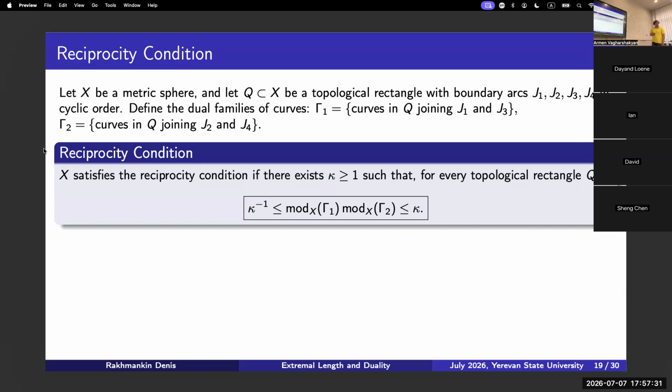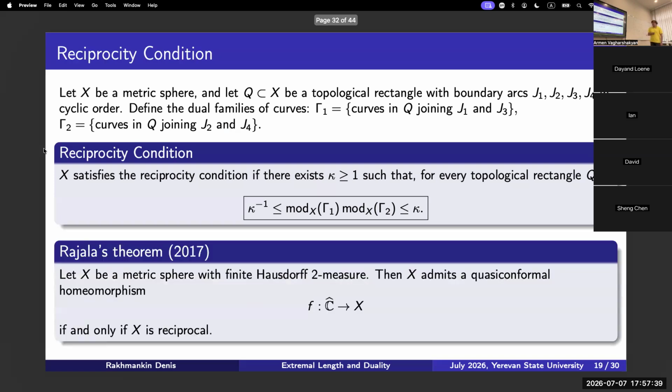Essentially, it's a topological rectangle with 4 marked points. For that definition, we have another theorem that was proved by Rajala 9 years ago.